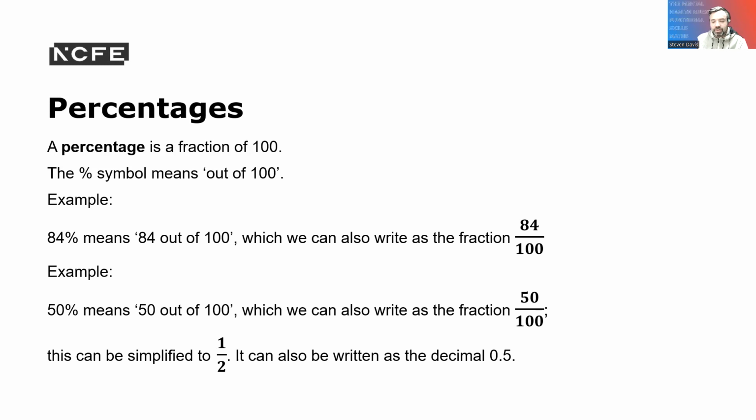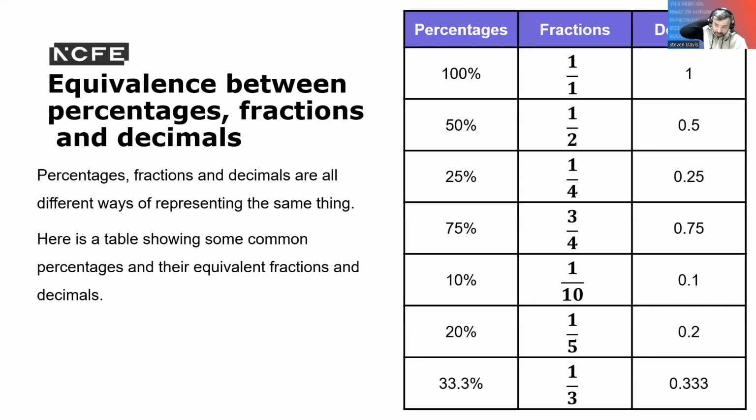We can simplify that as a half, or we can write that as a decimal, 0.5. So all very familiar stuff. We have our equivalences between percentages, fractions, and decimals, and there's our table that we just saw on the previous ones. So we should be familiar with that now, and hopefully we're starting to get that embedded.